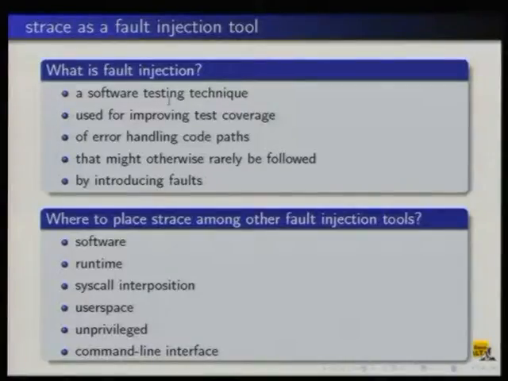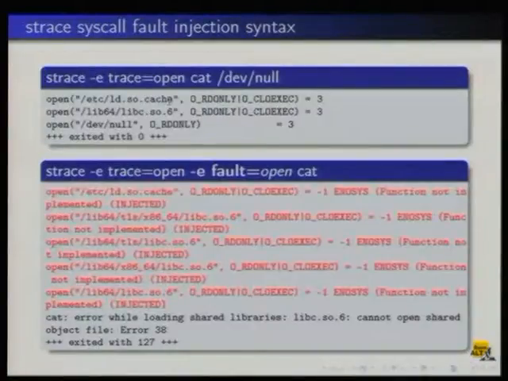And I'll start with a simple program, cat from coreutils, which is dynamically linked with libc. So in the top block, you see a traditional strace output with a simple filter that shows all open syscalls.